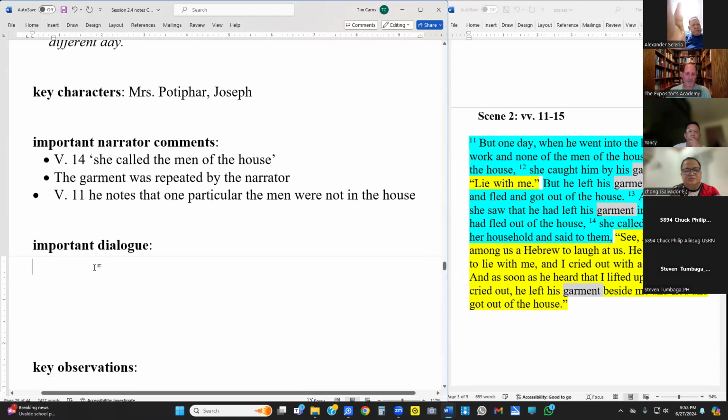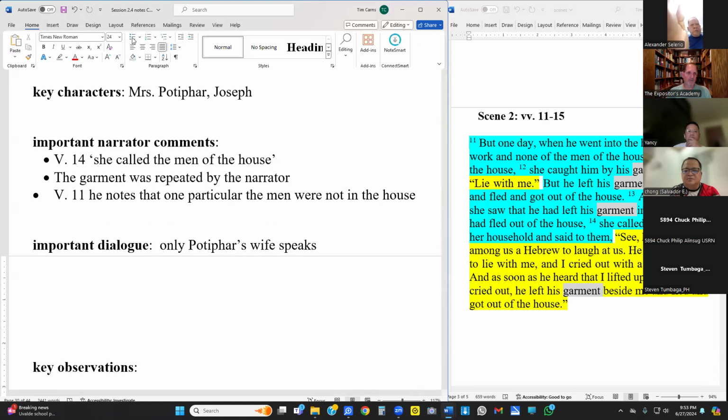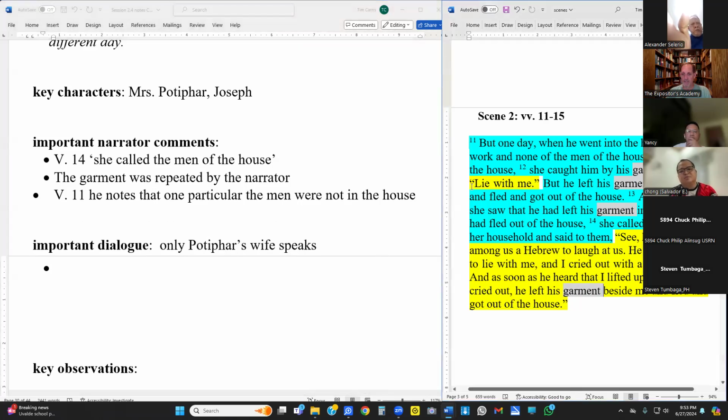Key dialogue. Here only Potiphar's wife speaks. Anything she says that's significant for the story? Definitely, lie with me.